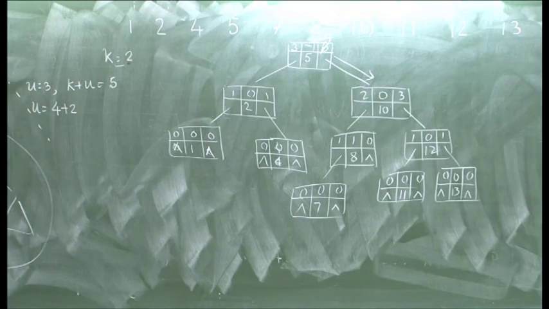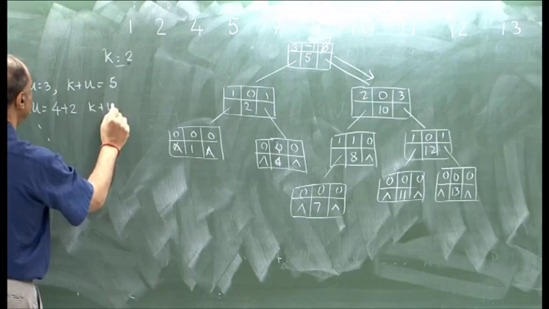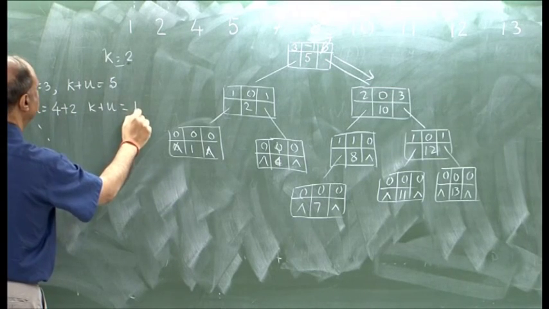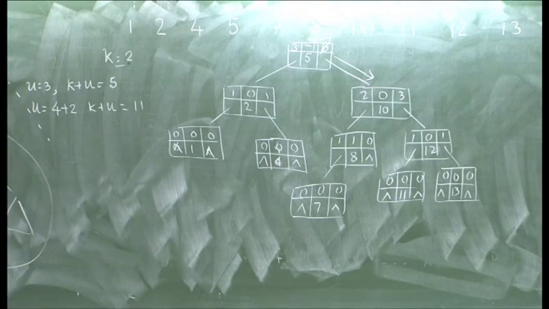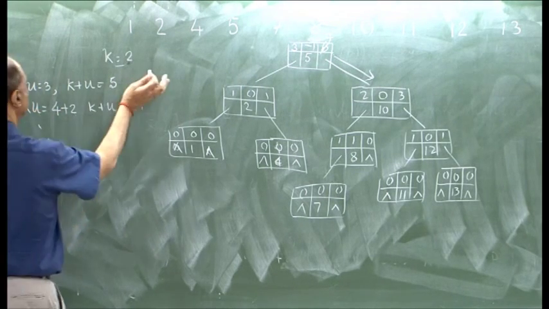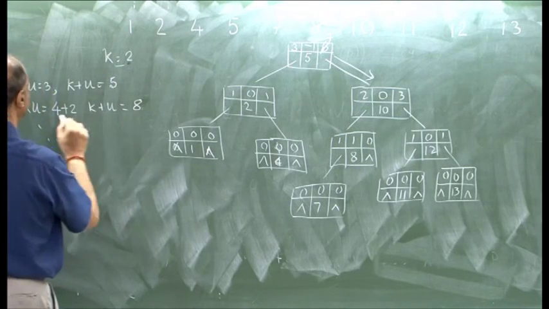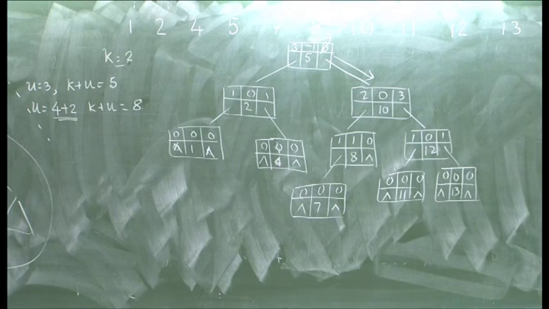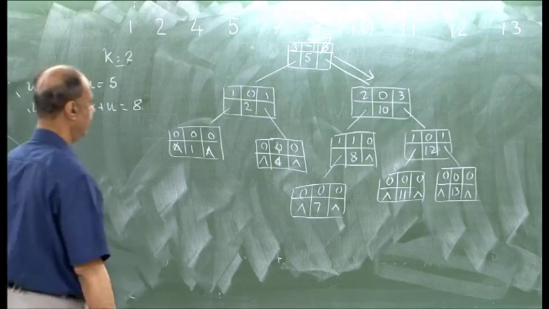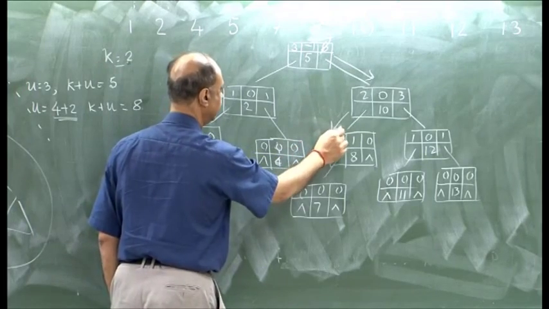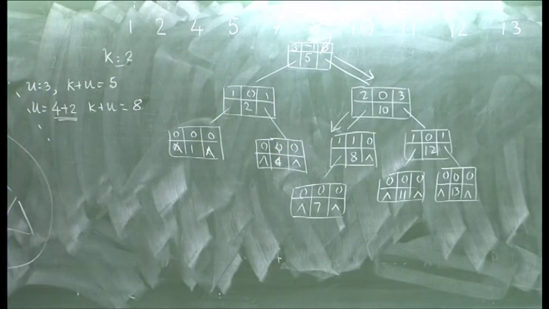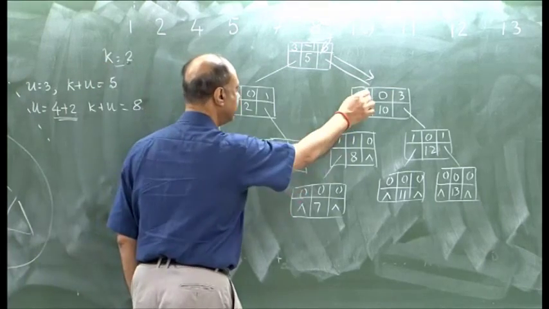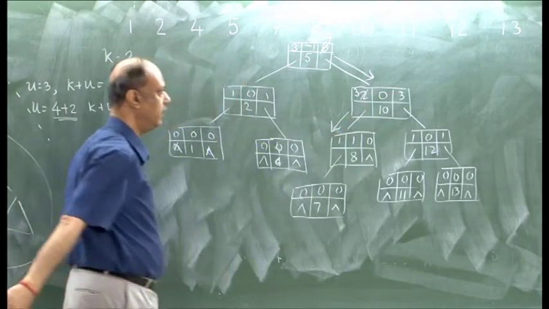So k plus u is, oh no, 6 plus 2, 8. 6 plus 2, 8. Right? Now you see that 8 is less than 10. So the path is this side. Right? So once you are following this path, this number will be increased by 1.